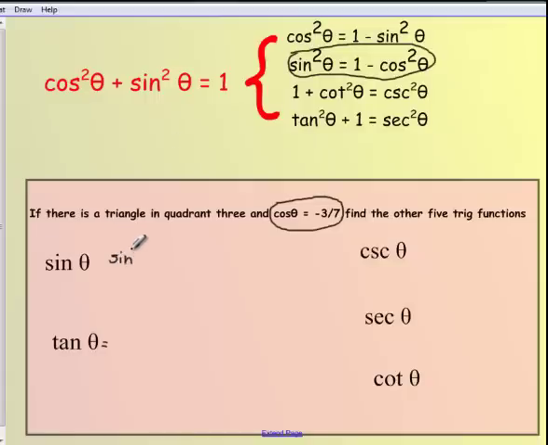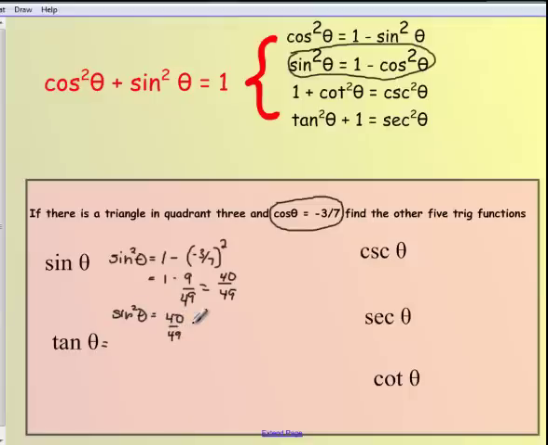Sine squared is 1 minus cosine squared, but I know cosine is -3/7, so I'm going to take -3/7 and square it. 1 minus 9 over 49, which gets me 40 over 49. But remember, that's what sine squared is. Sine squared is 40 over 49.